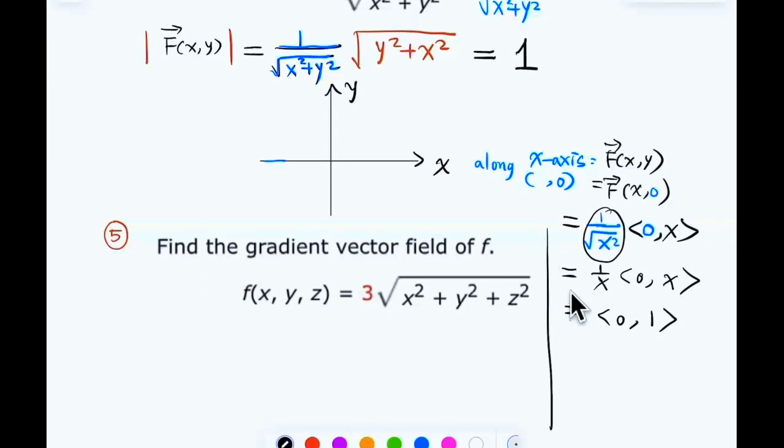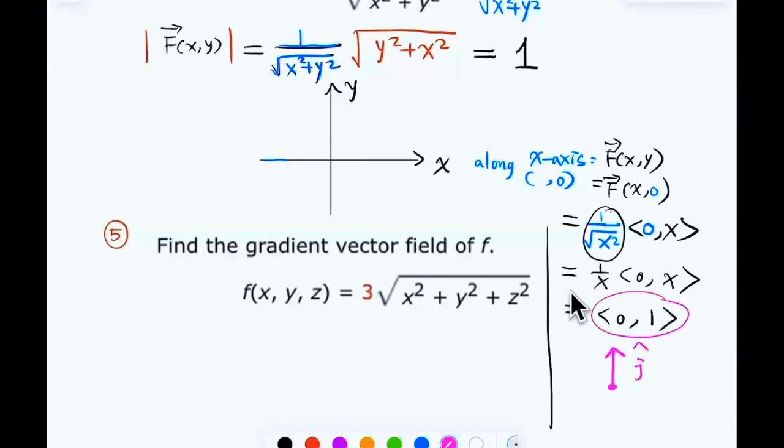It doesn't go left and right, it only goes up, like this, right? This is the j vector. So along the x-axis, it's going to be like this all the time, right?